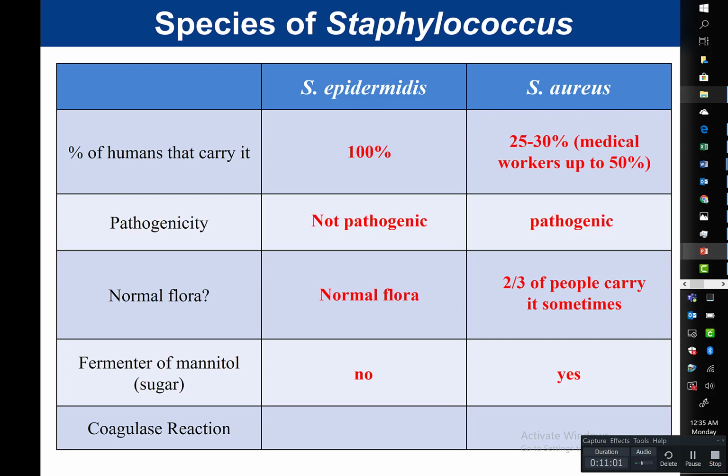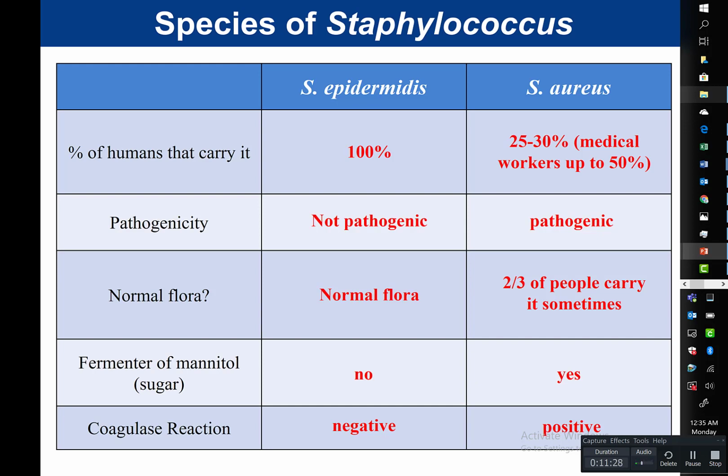We also can look at what's called a coagulase reaction, and that is the ability of the bacteria to form a clot. For Staph epidermidis, it is coagulase negative. It doesn't form blood clots, whereas Staph aureus is going to be coagulase positive. So that's another way to differentiate between Staph aureus and Staph epidermidis.